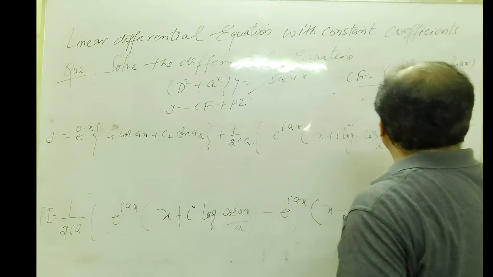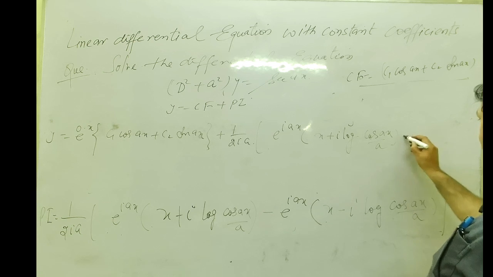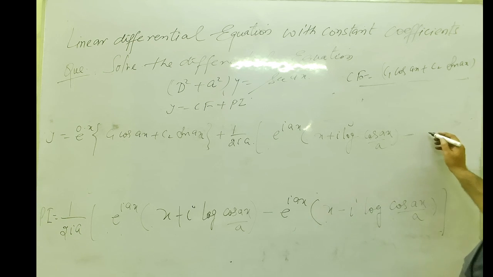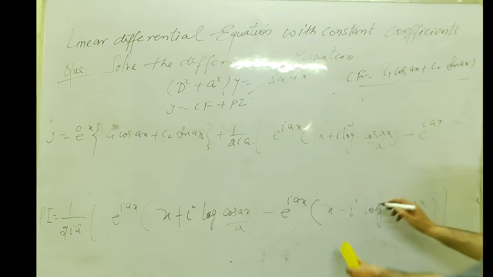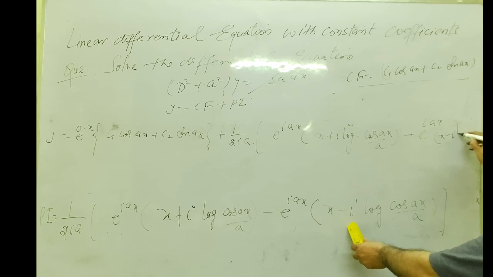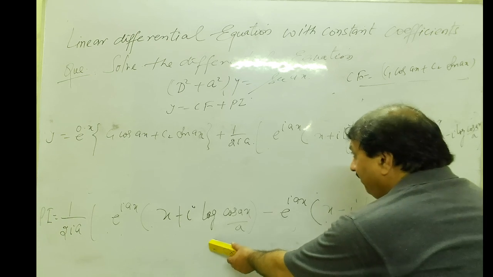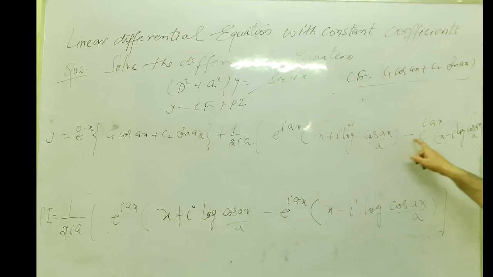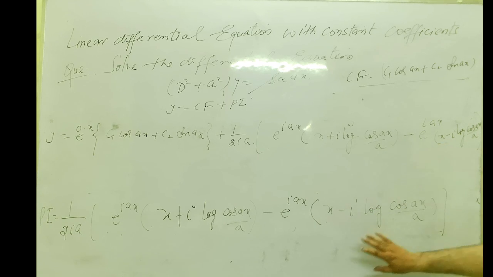Next, plus minus here, minus e to the power minus iax, this is the negative sign, and in this bracket put x minus i log cos ax upon a. Okay, put this here. Only this is the PI. Please check its value here: minus e to the power minus iax, x minus i log. That means this is the PI and this is CF, the complete answer of this question.